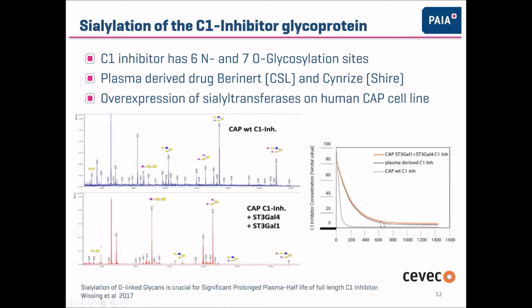And here is the engineered version, and that's pretty similar to the plasma-derived C1 inhibitor. So you have a huge effect by increasing the sialylation on the O glycans. Still, if we compare these pharmacokinetic data with Fc fusion proteins, this is really still rather short half-lives.